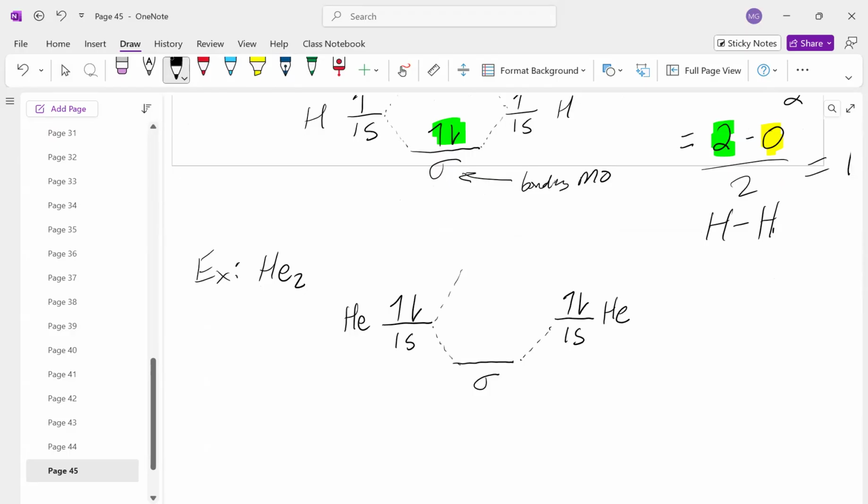If they interact destructively, you get a much higher energy anti-bonding molecular orbital. So let's take those 4 electrons and put them into our molecular orbitals. So I can put 2 here, and that's full. Now I got to go up here.